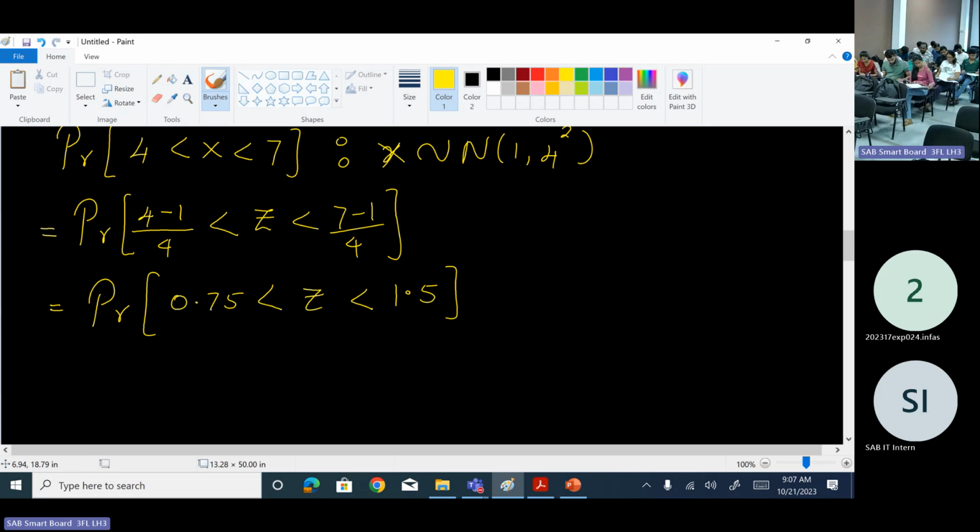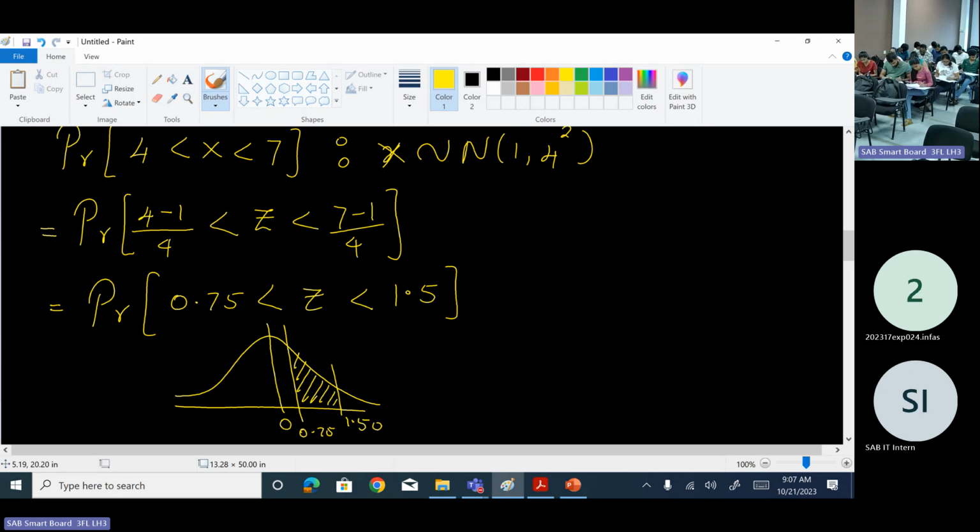Now we are in the z scale, so we can draw the z scale sketch. 0 comes in the middle. 0.75 we have to mark. 1.5 we have to mark. This region needed.